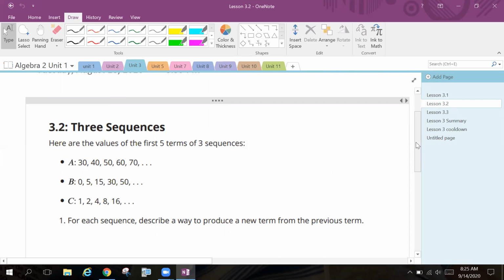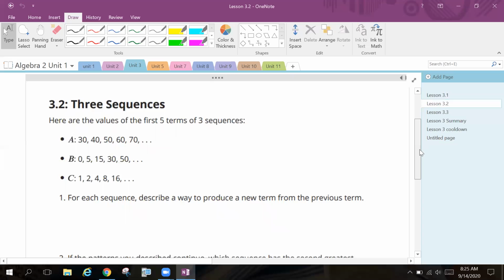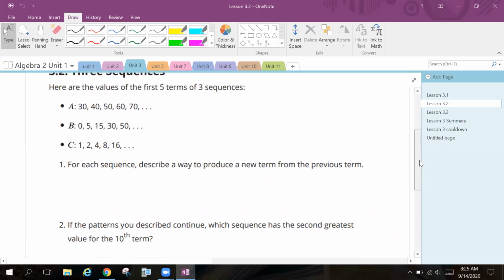Here are the values of the first 5 terms of 3 different sequences. You've got A, B, and C. For each sequence, describe a way to produce a new term from the previous.